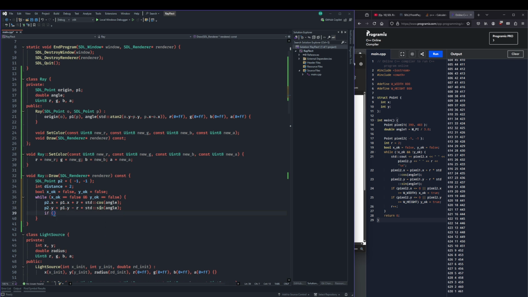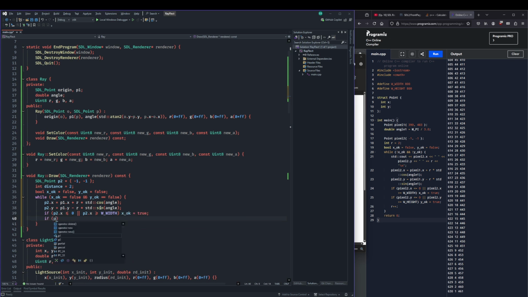So here I'm just going to do the condition. If p2x is below or equal to 0, or p2x above or equal to window width, then xok will be true.